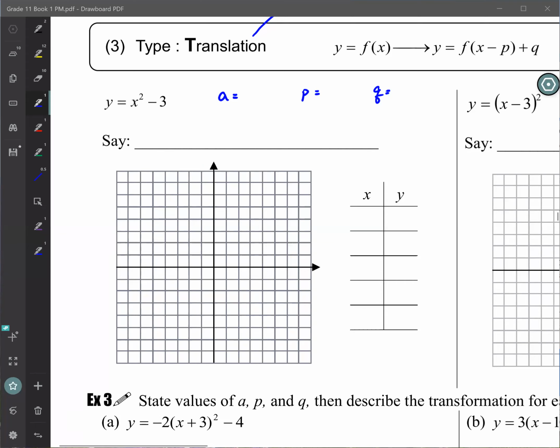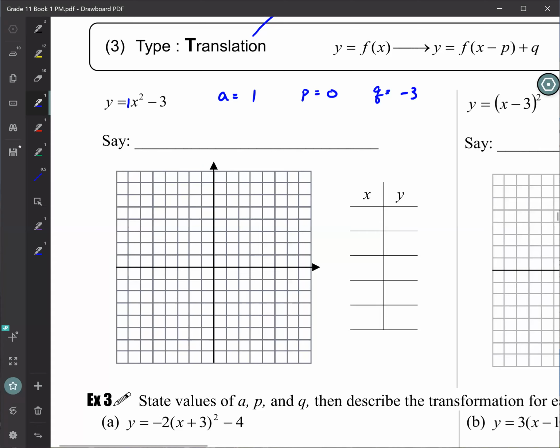Okay, can I have Jenny? What's your APQ? My A is 1, my P is 0, my Q is -3. Excellent, very good. So in front you have an invisible 1, so that's the A. After the square you get -3, so that's Q. And there's no add or subtract in the bracket, so P is nothing.